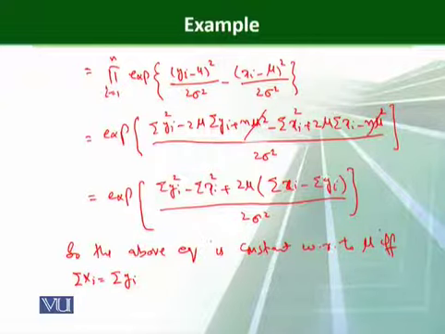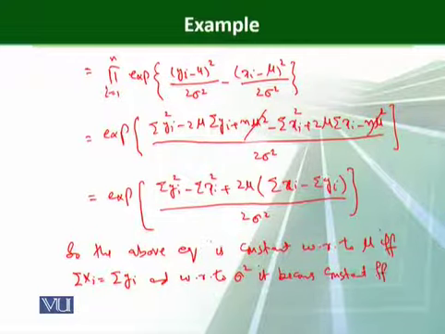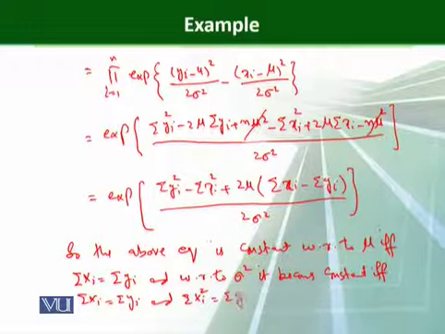So when these become equal, this will become constant, and with respect to sigma square it becomes constant if and only if sum xi is equal to sum yi and sum xi square is equal to sum yi square.